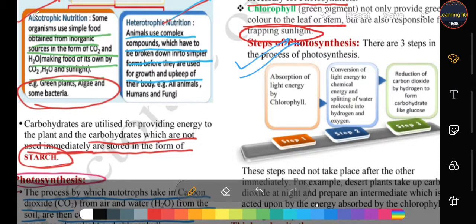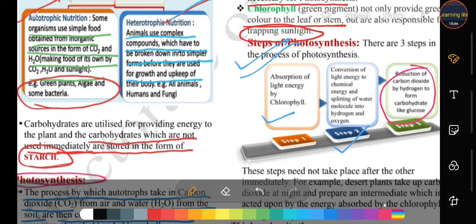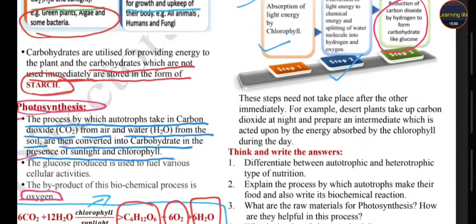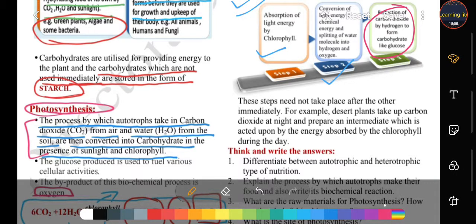First, the absorption of light energy. Chlorophyll absorbs the light energy, converts it into chemical energy, and splits the water molecule into hydrogen and oxygen. And the last step, carbon dioxide is reduced to form glucose or carbohydrate. So these are 3 steps. These steps need not take place one immediately after the other.